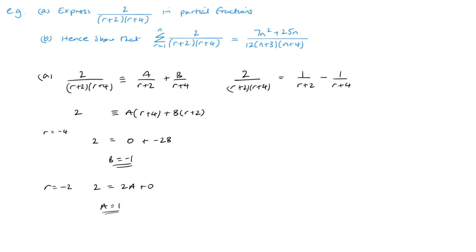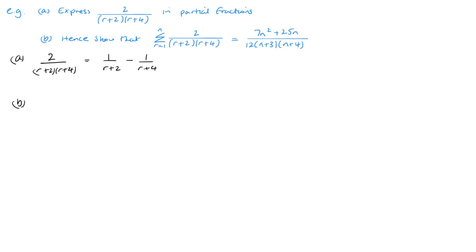Okay, and this is what we're going to use. This is what's going to be important. For part B, this is basically where we use the method of differences. So part B is our sum of 2 over (r plus 2)(r plus 4), and this is going to be equal to the sum of 1 over r plus 2 minus 1 over r plus 4. Now we substitute our values in and look for our pattern.